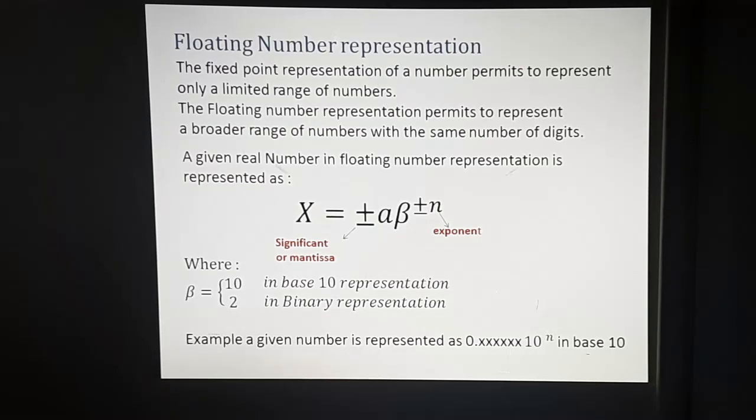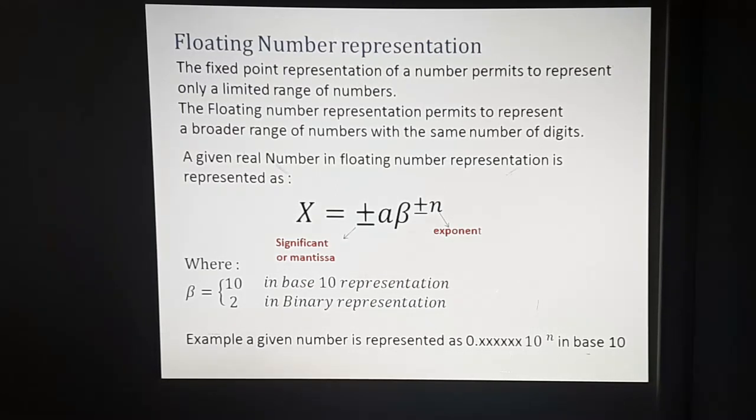For example, if I want to represent a number as large as 10 to the power 100, I need 100 digits in base 10. Now, if the number is represented in binary, then I need many more digits.